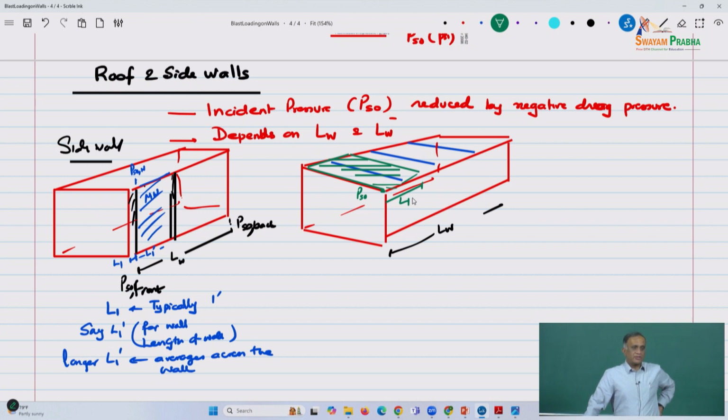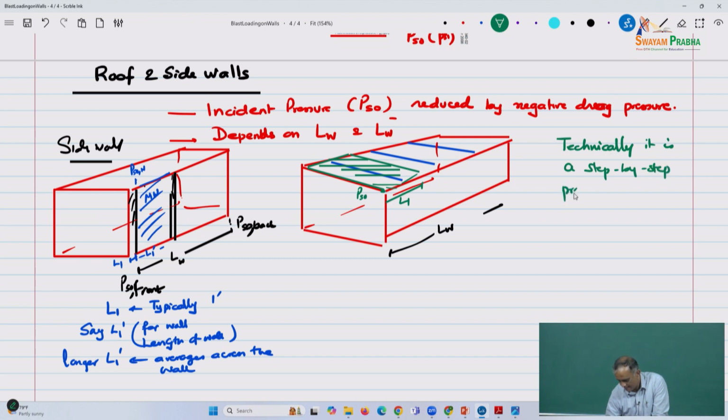Choices again: if you're designing the slab, you could perhaps take the first part of it and design the slab for that particular load. So these are some minor differences. Technically, you can say it is a step-by-step procedure for different locations on the wall and the roof.